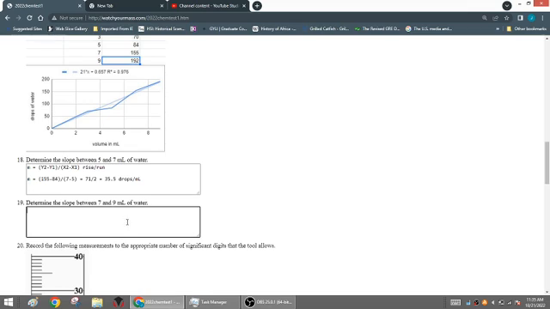Let's walk through this one now. I'm going to go ahead and do a little copy pasting. They're giving us again the x values, 7 and 9 milliliters. Let's plug those in down below. x2 is 9 because it comes later on the x-axis. x1 is 7.